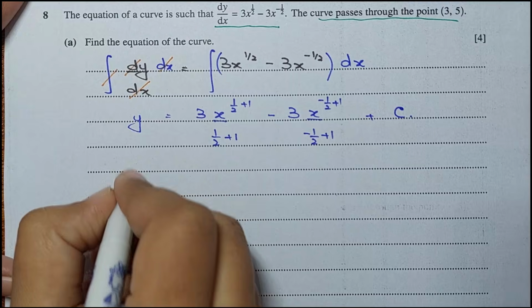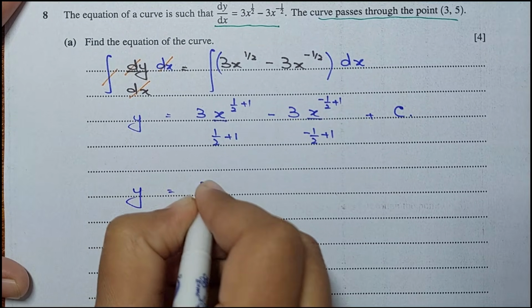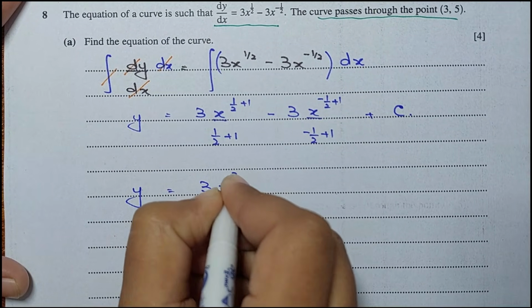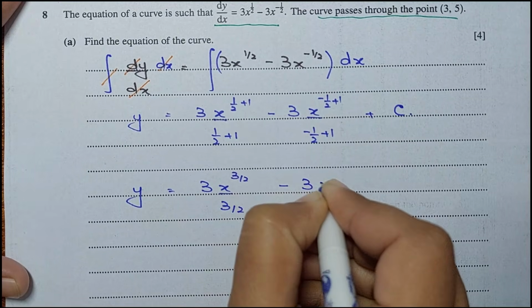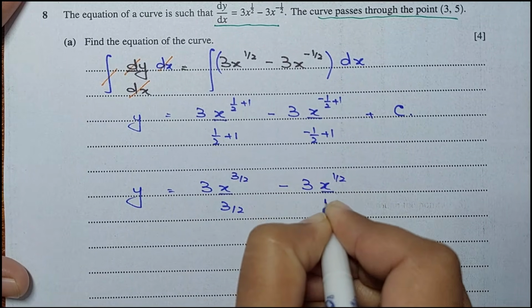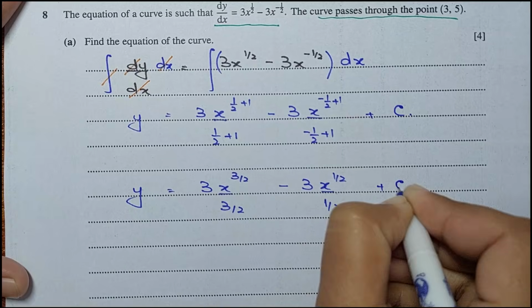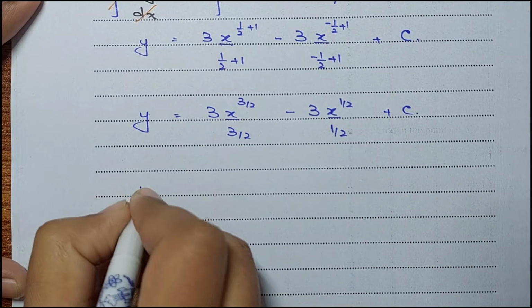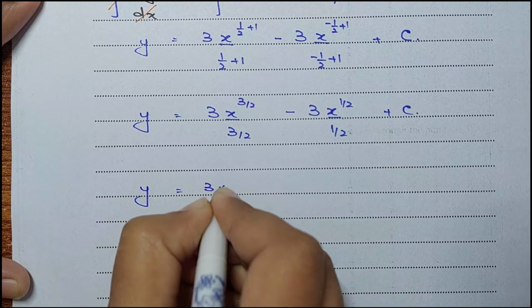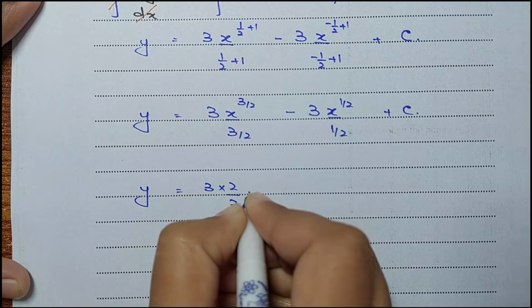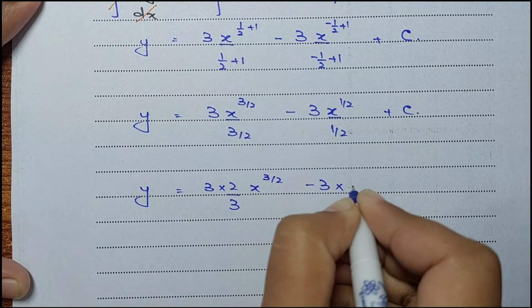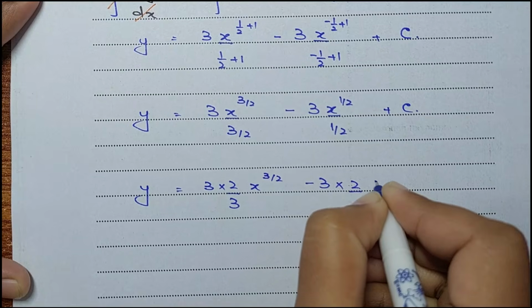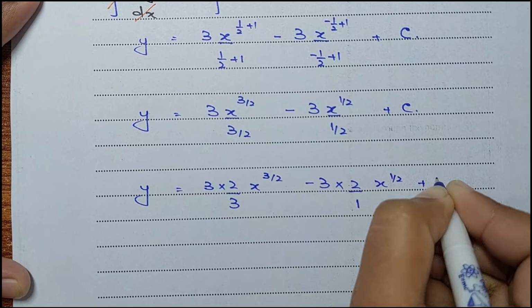Further simplification: y equals 3x to the power 3 by 2 divided by 3 by 2, minus 3x to the power 1 by 2 divided by 1 by 2, plus the constant of integration. Dividing by 3 by 2 becomes multiplying by 2 by 3, and dividing by 1 by 2 is multiplying by 2 by 1.